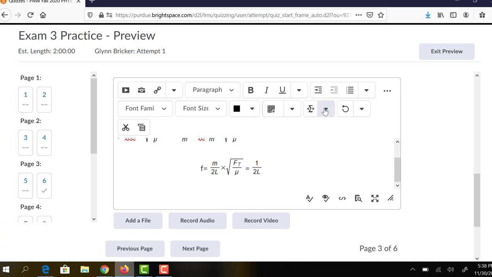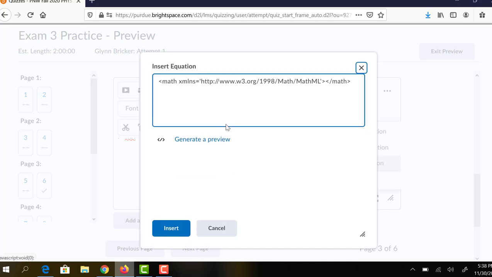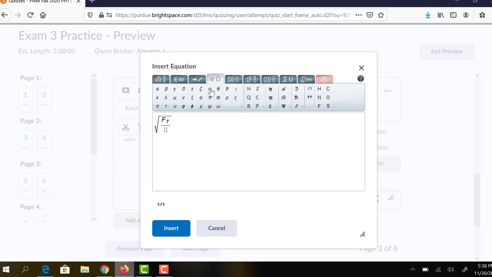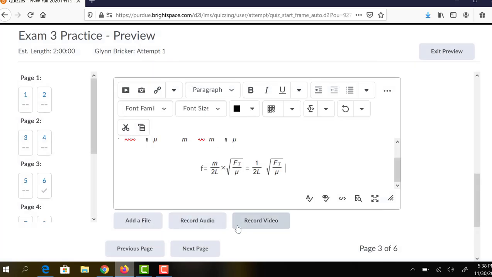Okay, so let me actually add that. F subscript T divided by mu. Insert. Okay, and then you have to put the actual numbers in here.